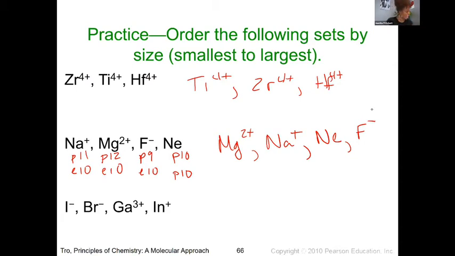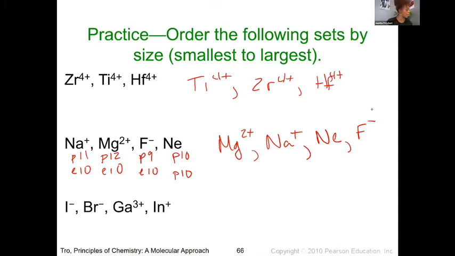For the last set, we have iodide ion, bromide ion, gallium ion, and indium ion. In this case, we do not have isoelectronic species, so we're really looking at the overall location on the periodic table. First, we know our cations are going to be smaller.